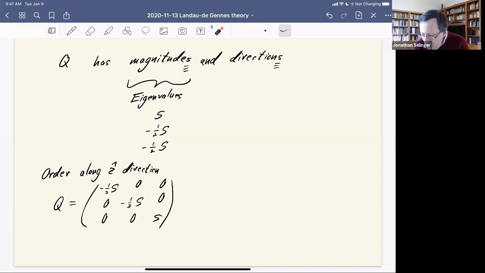Each eigenvalue corresponds to an eigenvector. Those are the directions associated with the Q tensor.